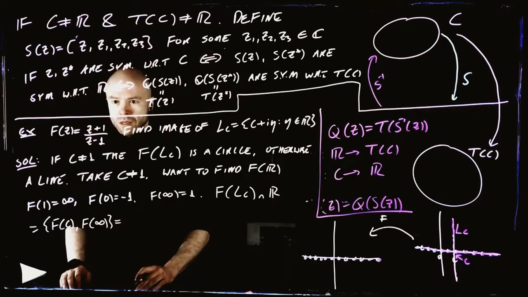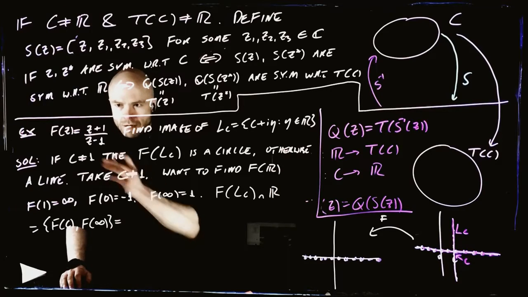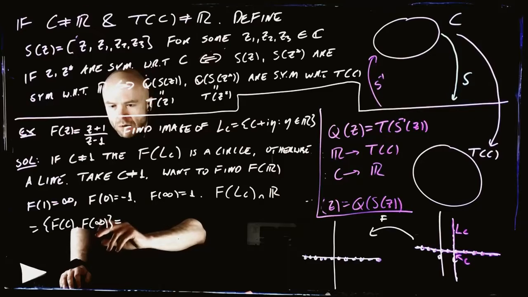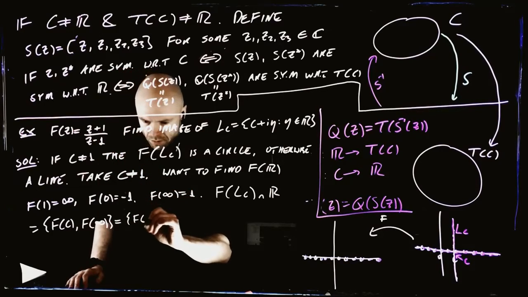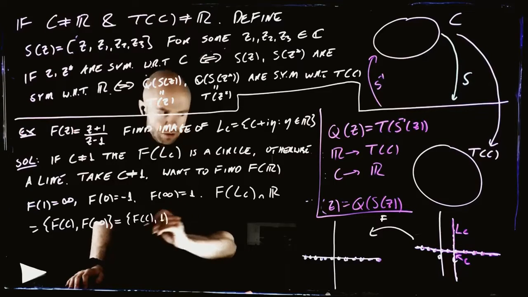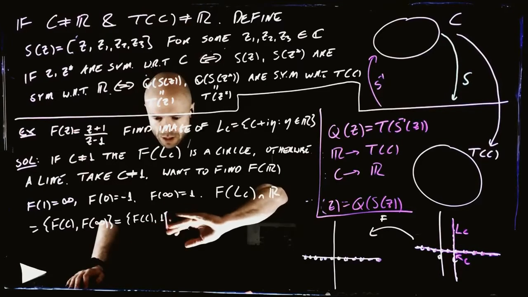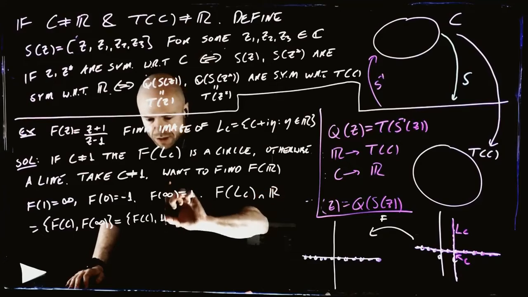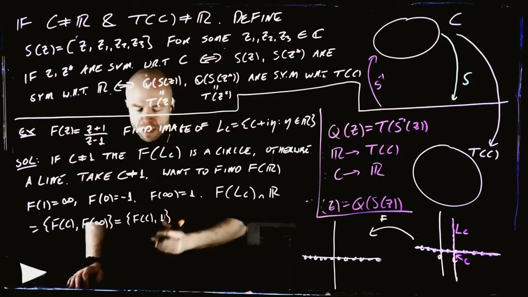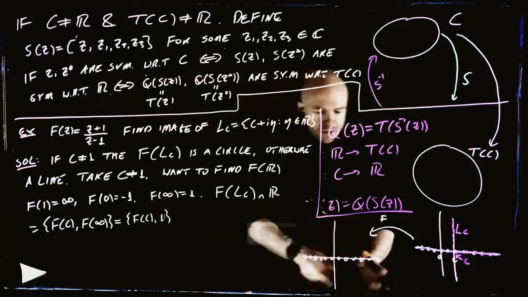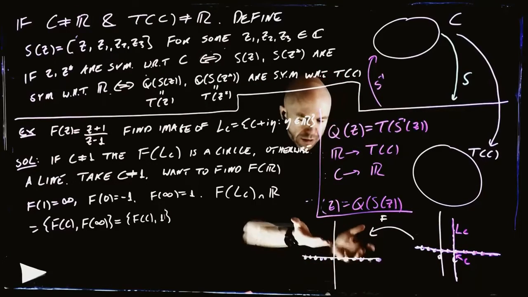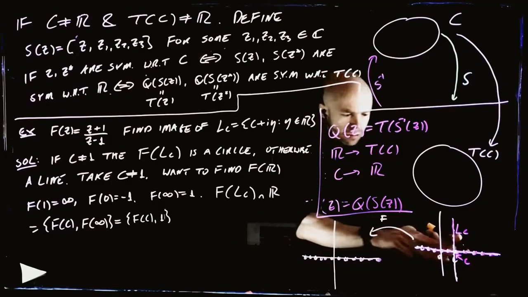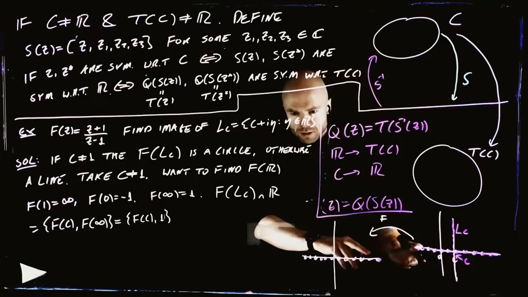And what is f of C? Well, it's some complicated expression. Let's keep it like this. And what is f of infinity? f of infinity is just 1. Right? And we also know that f of C is a real number, but we know that the circle has to have its center on the real line, because if it didn't, then there's no way that the angles at which it crosses can be perpendicular.